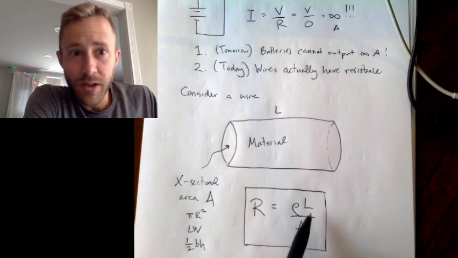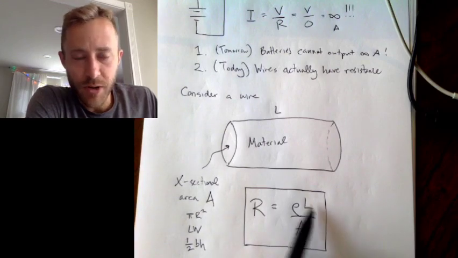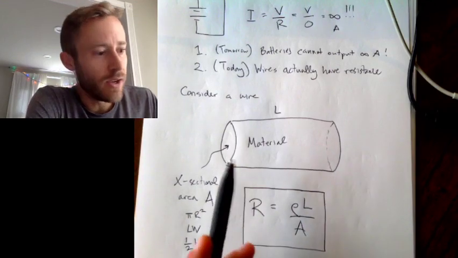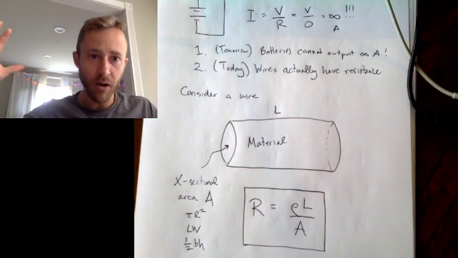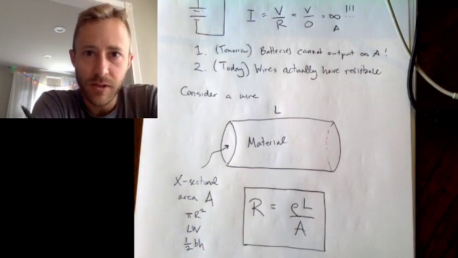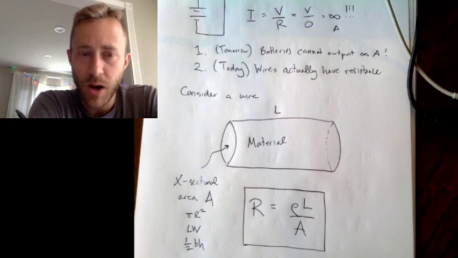L is the length of wire. So you see how L is in the numerator. So that means if you have a really long wire, the longer the wire is, the more resistance that wire is going to have.